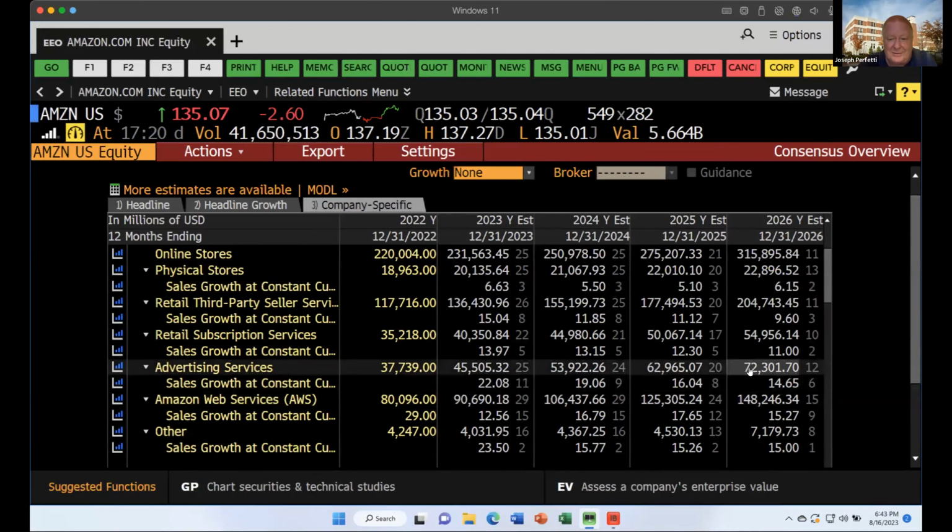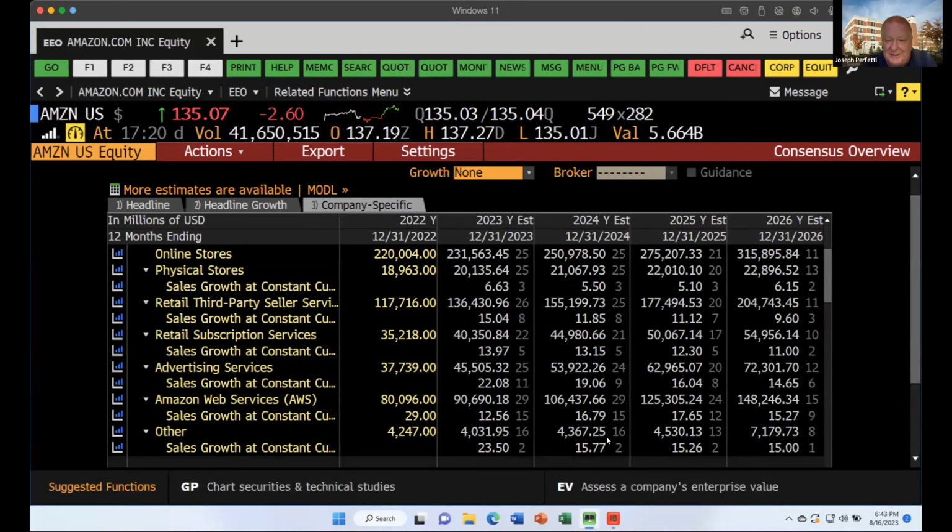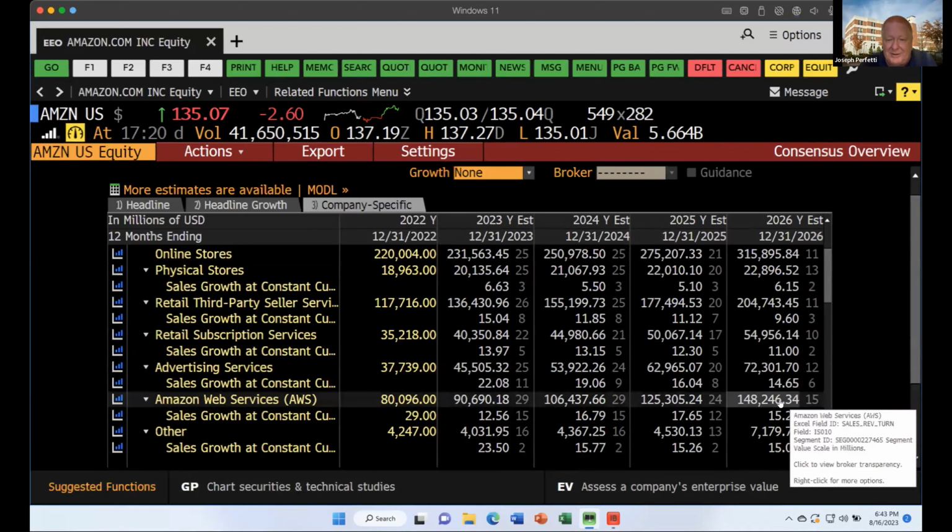They're an ad business that's going to grow to 72 billion at a certain margin, DCF it. They're an AWS business, it's going to grow to 848 billion at a certain volume and margin, DCF it. Add those three businesses together, and then you get Amazon's total value. So with a DCF, you can kind of back into a value for each of those businesses.